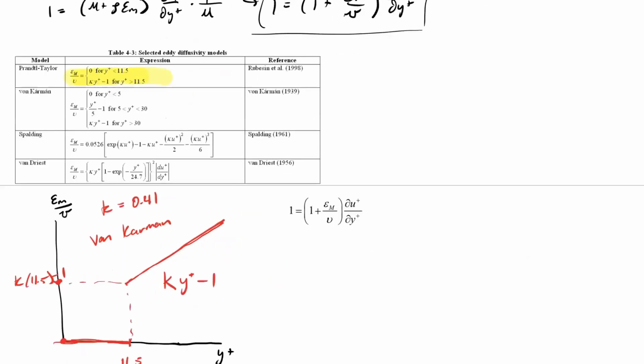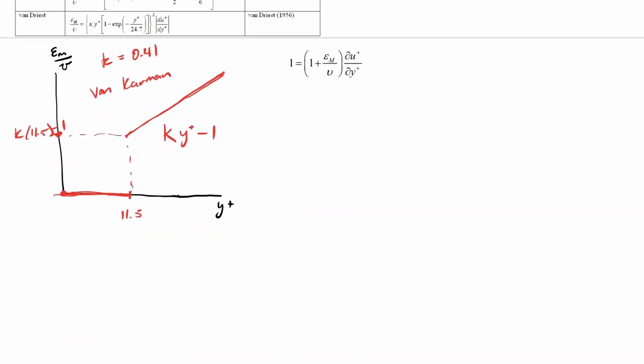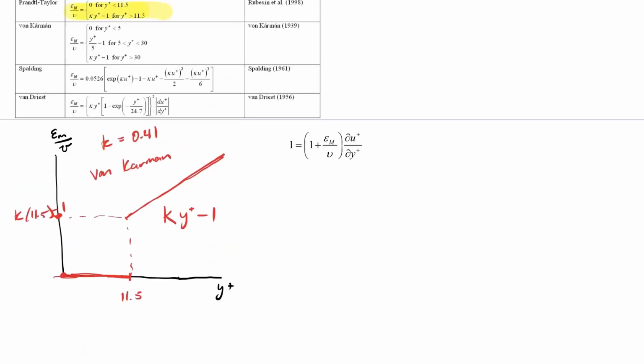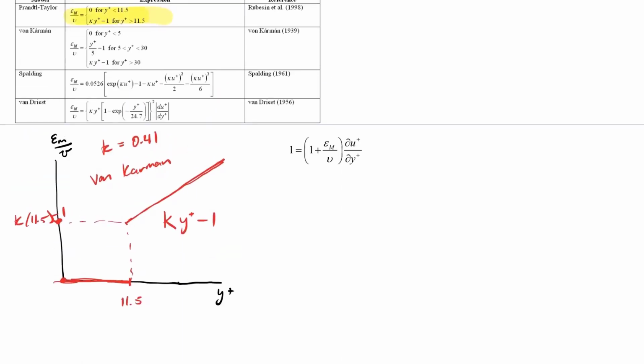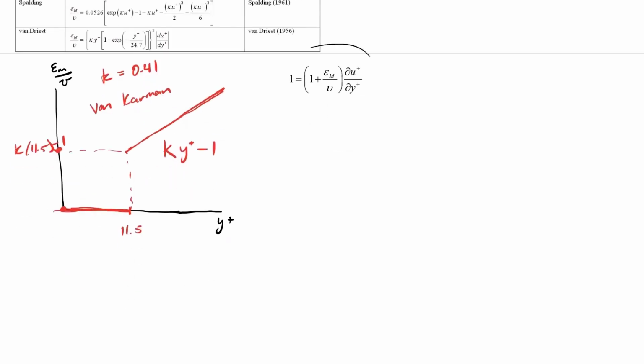Okay, so let's take this model that we are assuming. This is just something that we're saying is good enough for our purposes to solve for a velocity profile. And let's actually try to do that. If we take the first part of this Prandtl-Taylor model where epsilon m over nu is equal to 0, and we substitute that into our differential equation, for y plus less than 11.5, we're going to have 1 equal to 1 plus 0 times du dy.